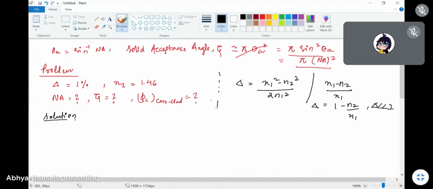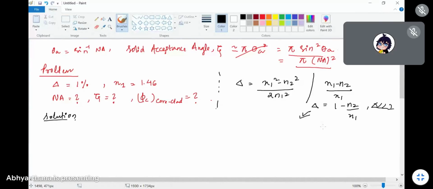Here your delta is given as 0.01, which is actually much less than 1, so you can take into account this expression. That's the reason why you did not need the n2 over here. You can directly use this expression; n2 separately is not required. Okay, so please solve this.